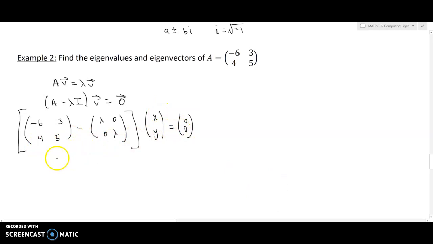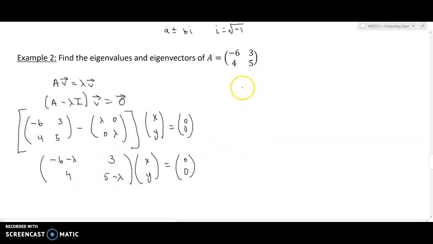The matrix in the brackets will come out to [-6 minus lambda, 3; 4, 5 minus lambda]. This is our eigenequation with our lambdas in there, and we know that we want the determinant of A minus lambda I, which is [-6 minus lambda, 3; 4, 5 minus lambda], and we want to set that equal to 0.